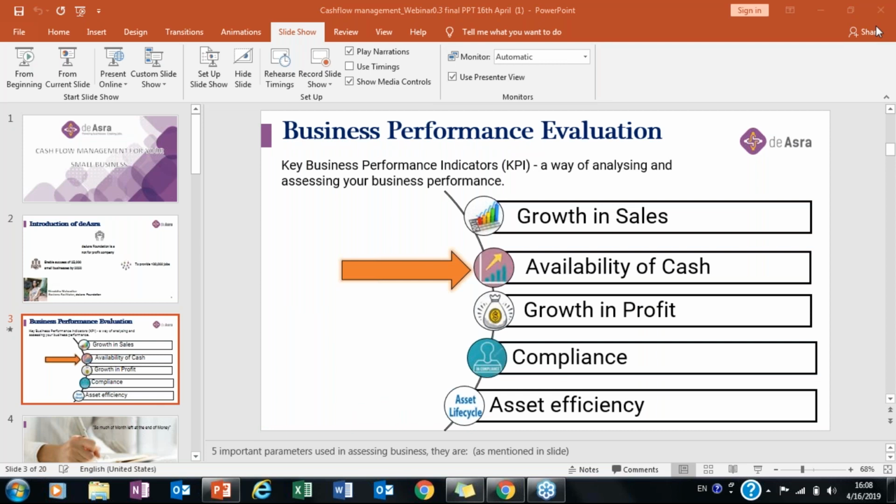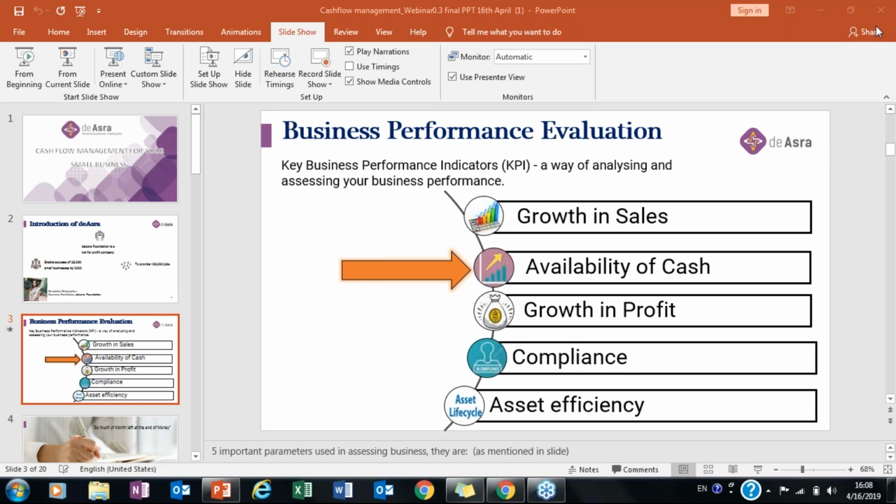So, why is business performance evaluation necessary? There are a few indicators in the business that you need to look into. One is the key business performance indicator, that is a KPI. KPI is nothing but how you judge or manage your business, and these are the indicators which you need to think about while assessing or evaluating your business.